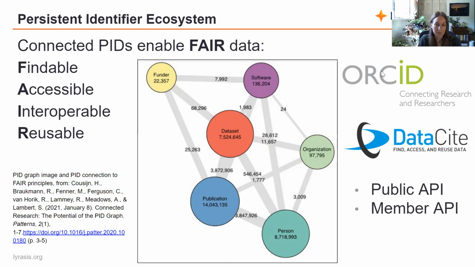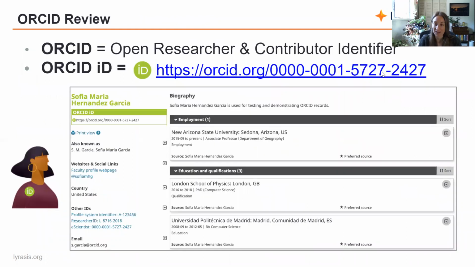And I know that many people are already familiar with ORCID and DOIs, but just in case anyone is new to persistent identifiers, or maybe you don't think about them every day like I do, here's a quick refresher.